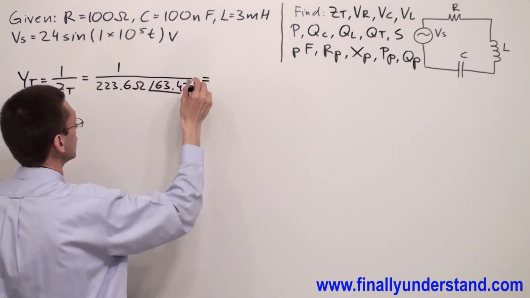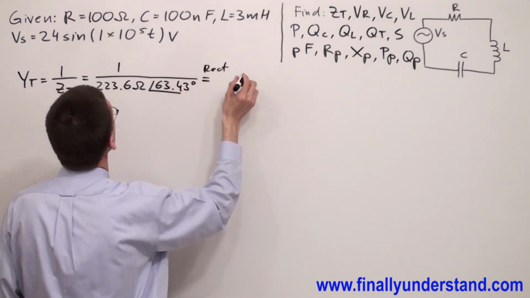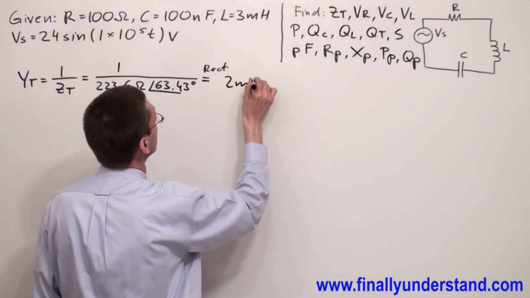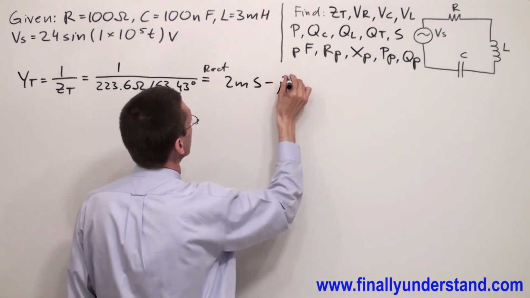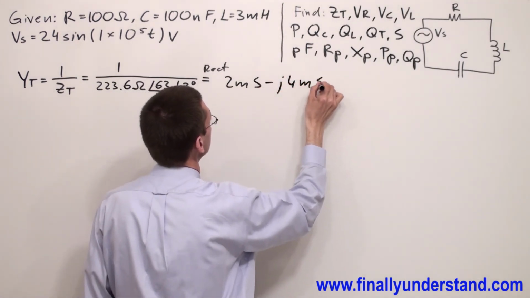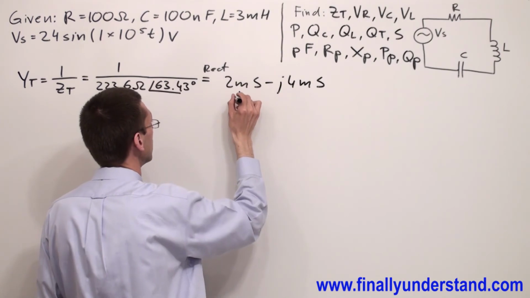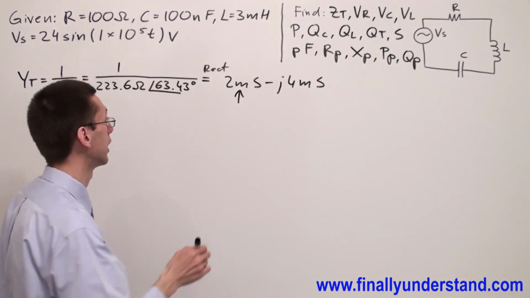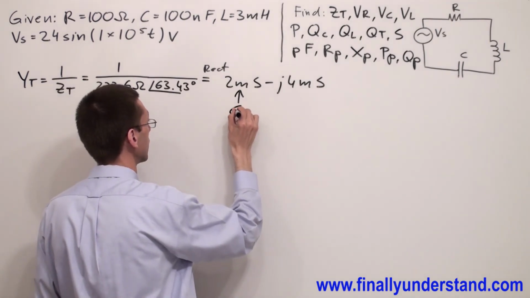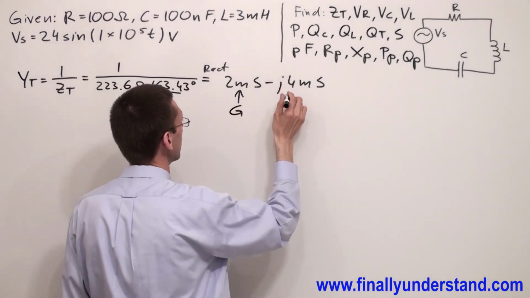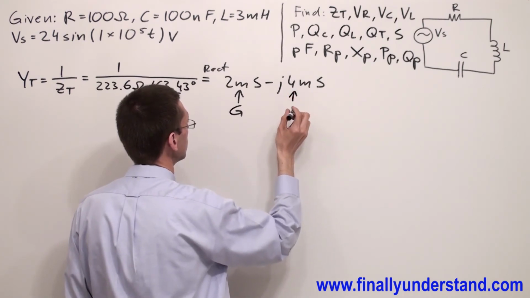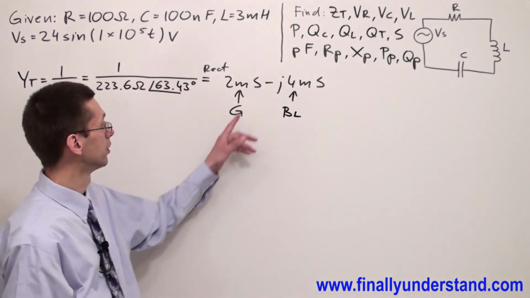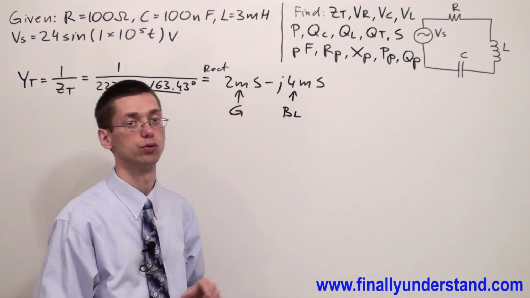Okay, convert this to the rectangular form. You're supposed to obtain the value of 2 millisiemens minus j 4 millisiemens, where the real part is the conductance and the imaginary part is the inductive susceptance. Why? Because I have a negative sign next to j.